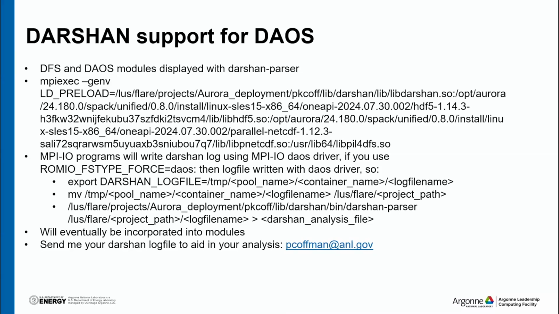And this will eventually no longer need to be done once the ROMIO MPICH auto detect is implemented. But until then, you'll have to explicitly set the Darshan log file to be in your dfuse container. And once it's there, you can just move it to Lustre and run darshan-parser on it. And this whole thing will eventually be incorporated in the modules, as Kaushik mentioned.